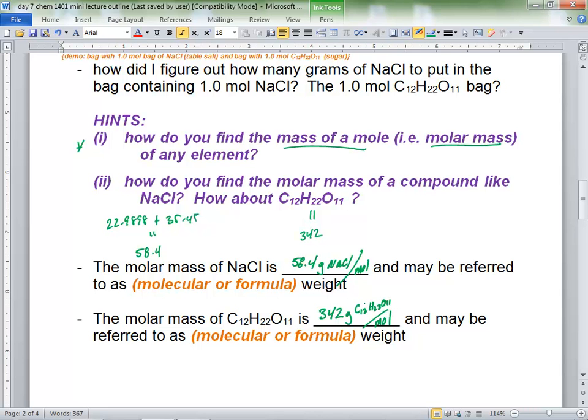Okay, and we're not quite done yet, because we're going to mess with some terminology here. The molar mass of sodium chloride is 58.4 grams of sodium chloride per mole of sodium chloride, and may be referred to as, so you don't have to call it molar mass, although it's safe, you could also call it molecular weight or formula weight. Which one is it?